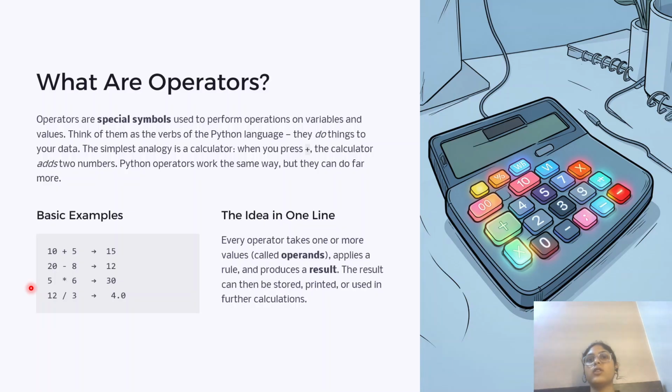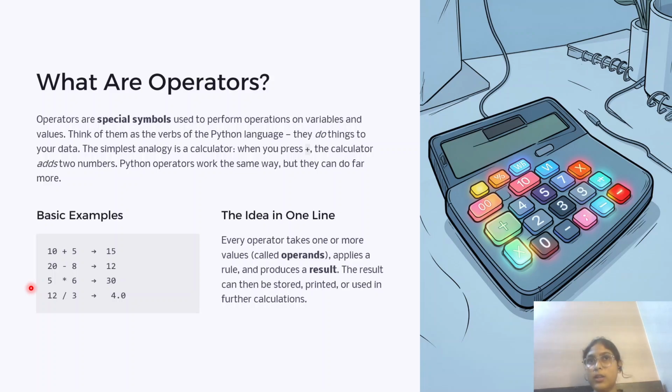Now suppose you are making a school management system. You have marks in five subjects and need the average. How much have you scored in total across 5 subjects? We need an average. Addition and division are done together, right?